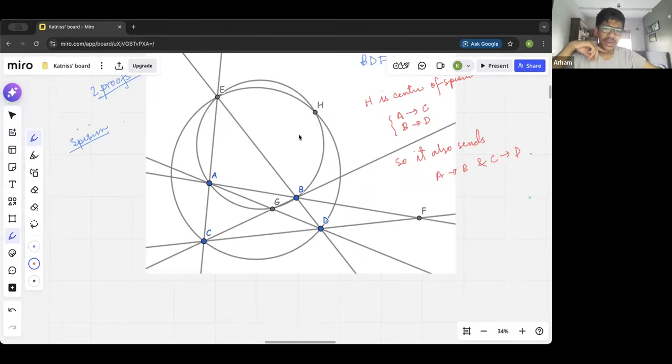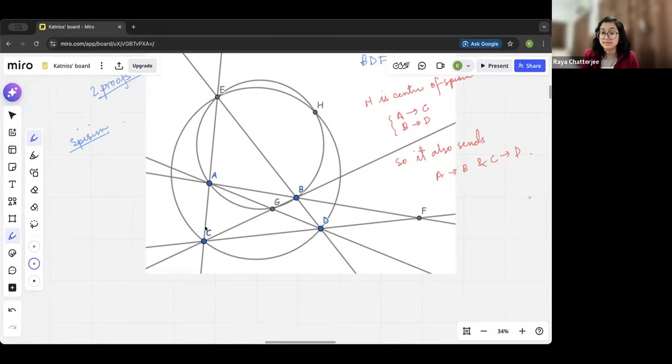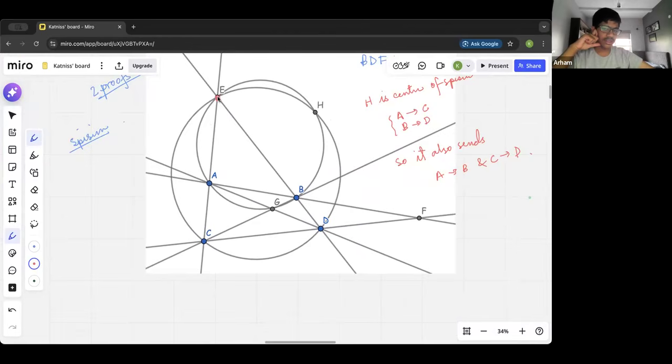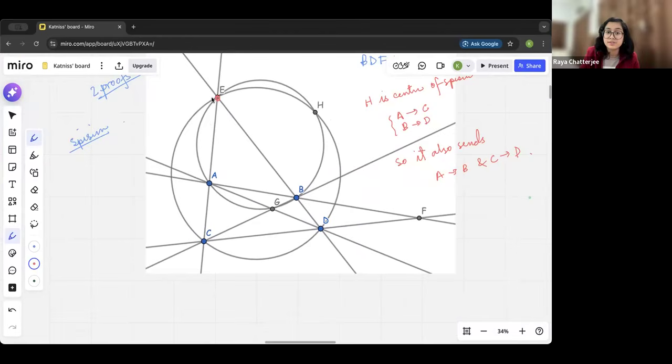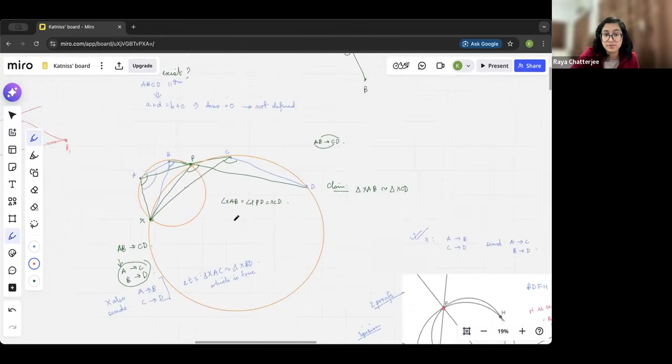Wait, why is H the center of the first spiral similarity? Because you are taking AC intersection BD, which is this point E, and you are taking the intersection of circles EAB and ECD. That is how I defined it geometrically, right?